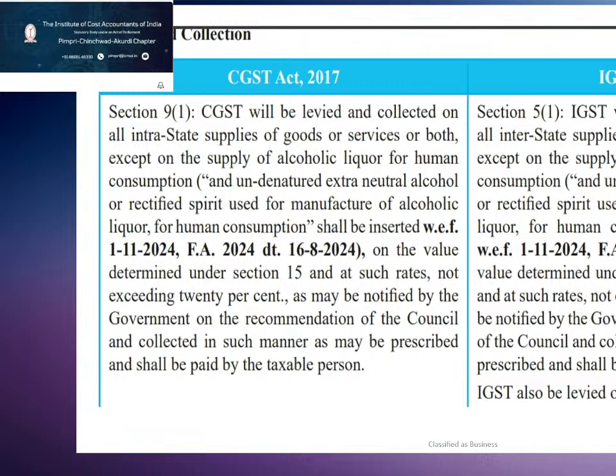Suppose I am registered under normal and you are under the composition scheme, you are not eligible to take the ITC, right? But the benefit is, if I have to pay GST to the department for this manufacturing, say 12% or 9%, or some 28%, you can still pay as per the section prescribed. If you are the manufacturer, a composition dealer can pay 6% tax, 5% tax.